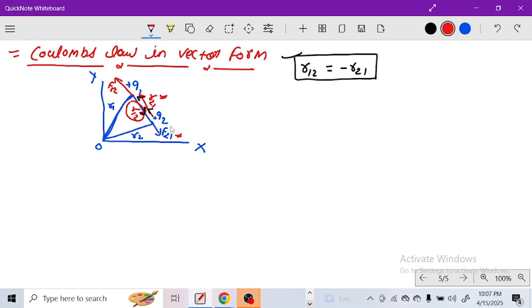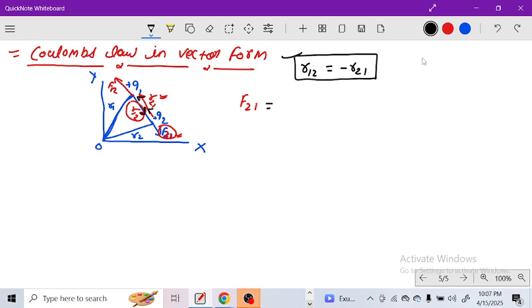Okay, so now we have to find the force F21. According to Coulomb's law, what is the force F21, Kavya? What is the formula of Coulomb's law? Sir, K q1 q2 by r square.